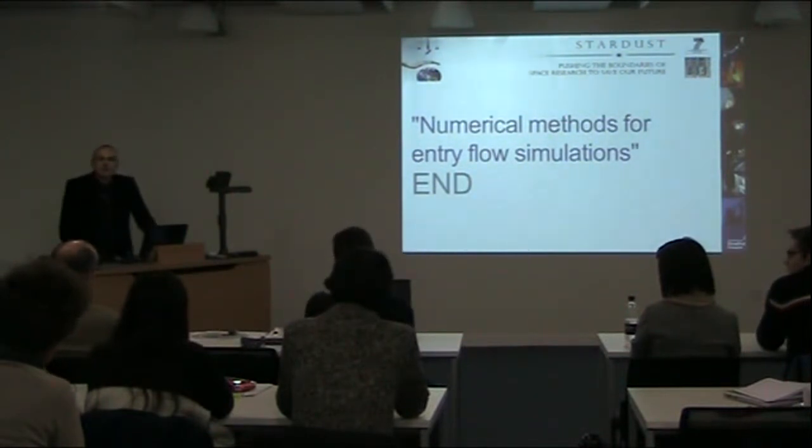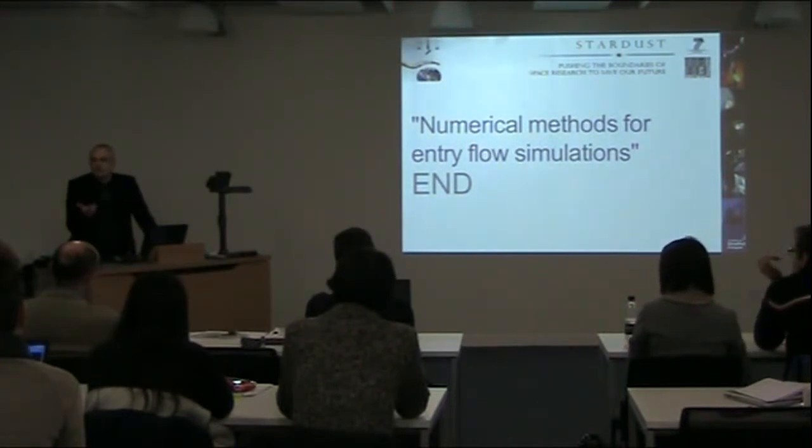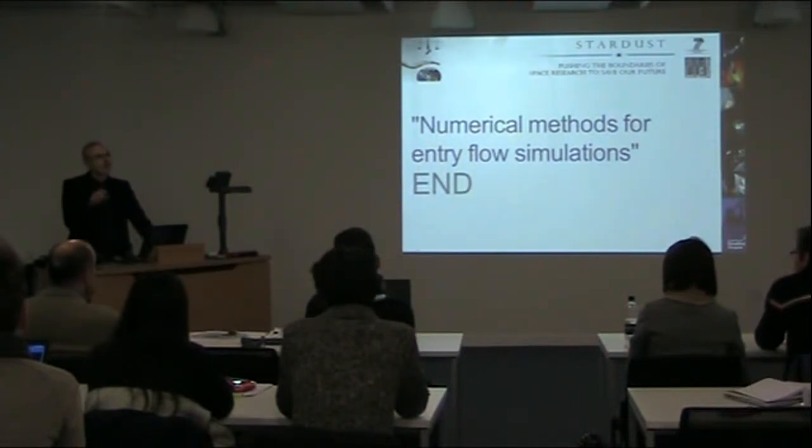A structured mesh is a regular grid where there is an easy relation between all the points. So when you consider a point, you already know which are all the other points around, and that doesn't change.